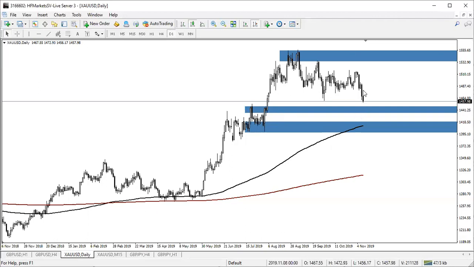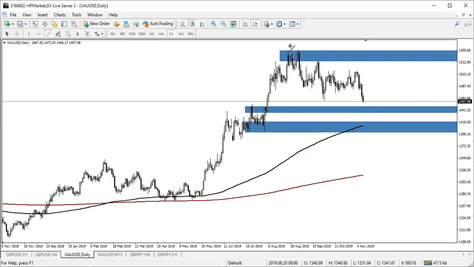So price is yet to dip into the demand zone on the daily. So on the daily, we still expect some bearish momentum towards our demand zone.